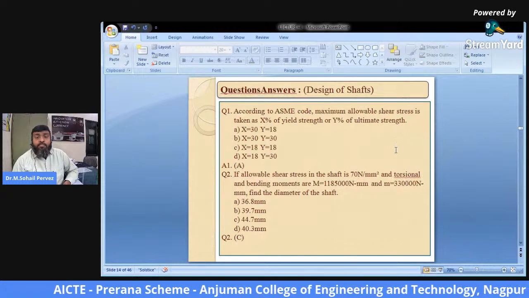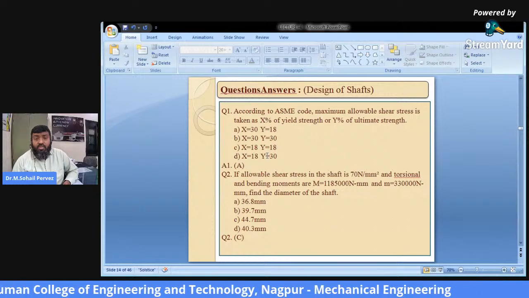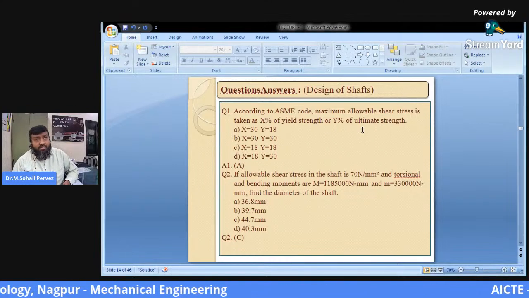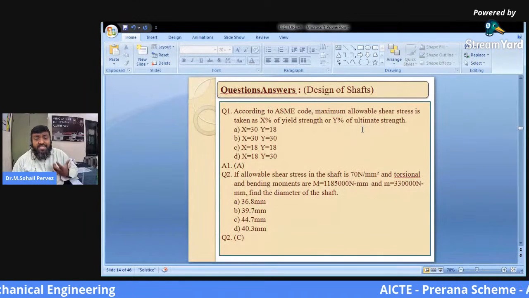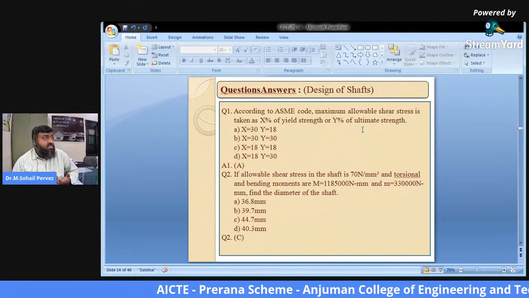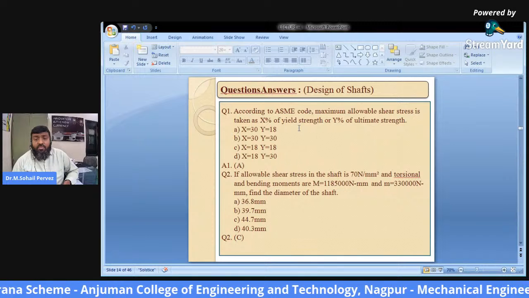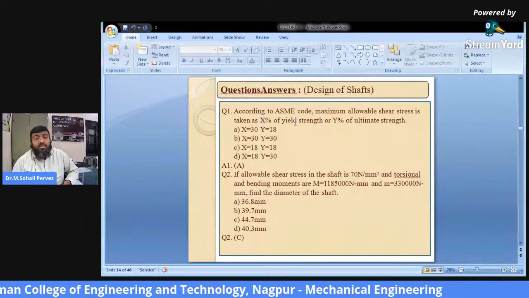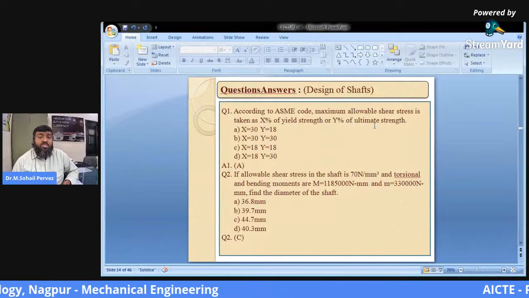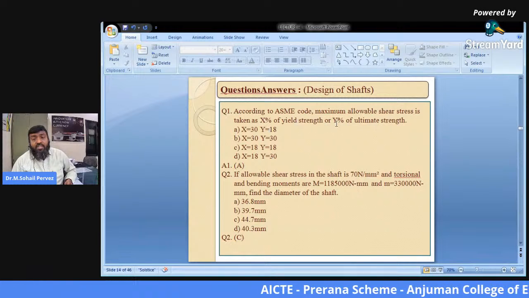Now, ASME code considers yield strength as well as ultimate strength, but the maximum allowable shear stress is taken from the condition 0.30 times SYT and 0.18 times SUT.